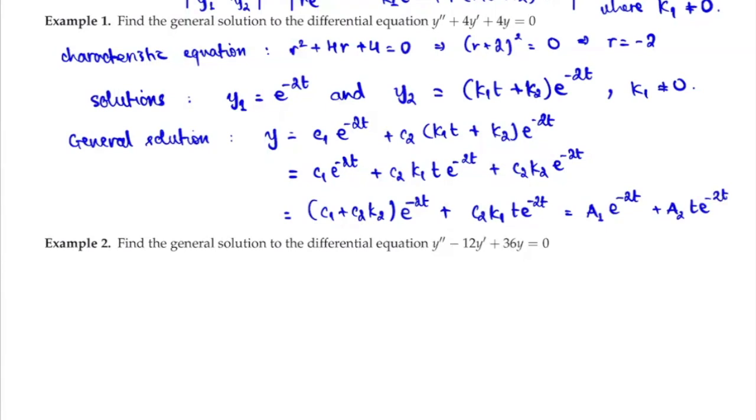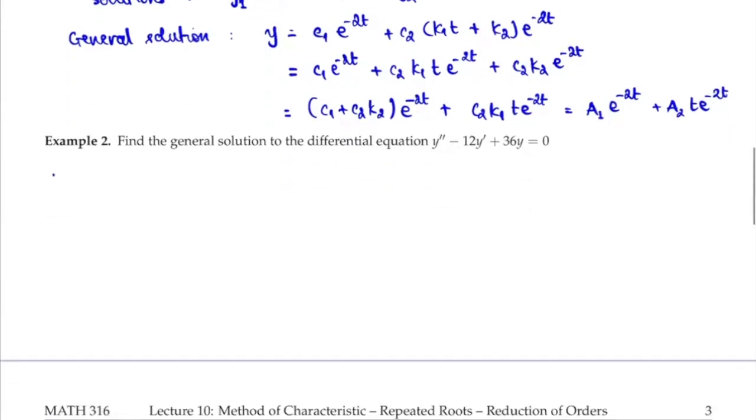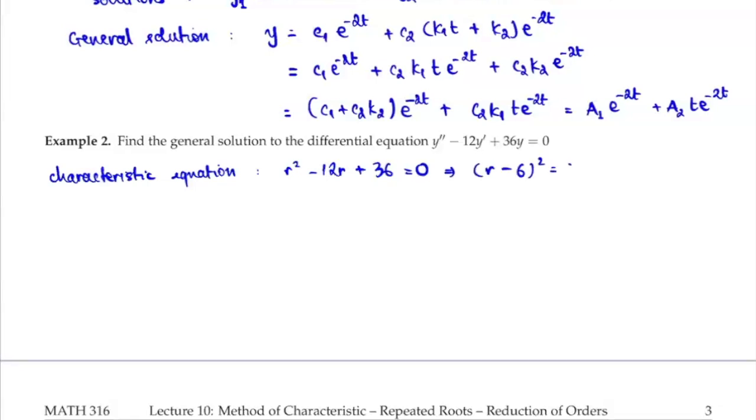And we're going to do the same thing for example 2. Find the general solution of the differential equation y double prime minus 12y prime plus 36y equal to 0. I'm going to write down the characteristic equation. You get r squared minus 12r plus 36 equal to 0, or (r minus 6) squared equal to 0, or r equal to 6.